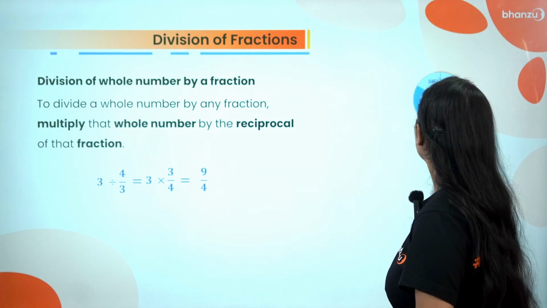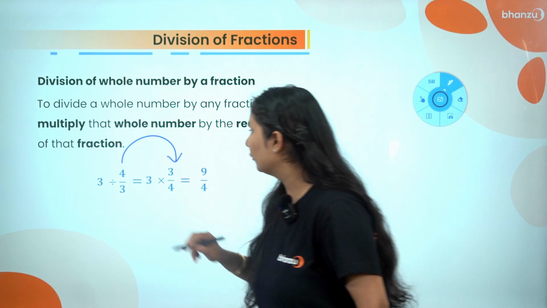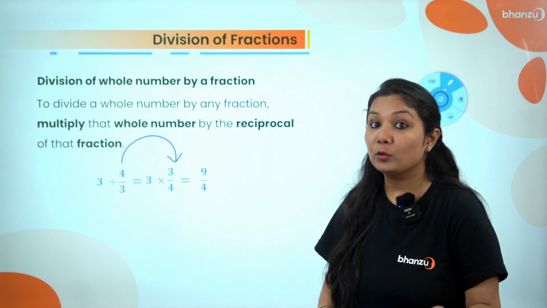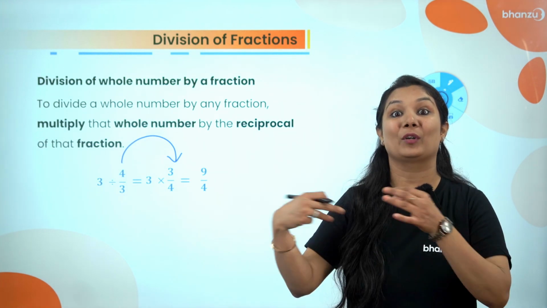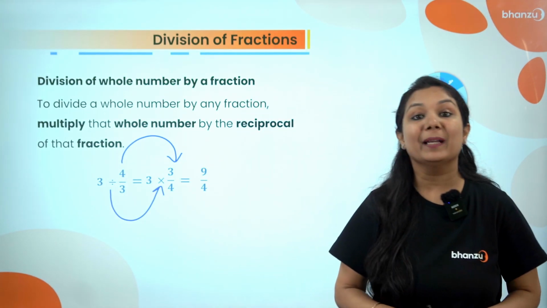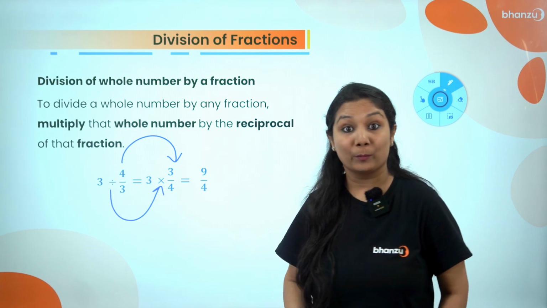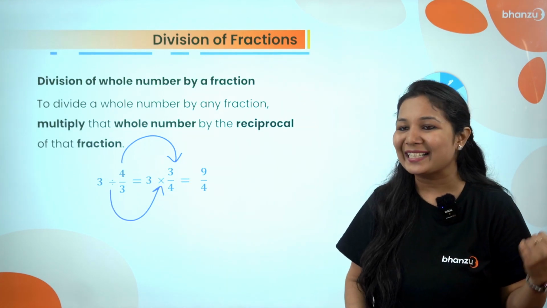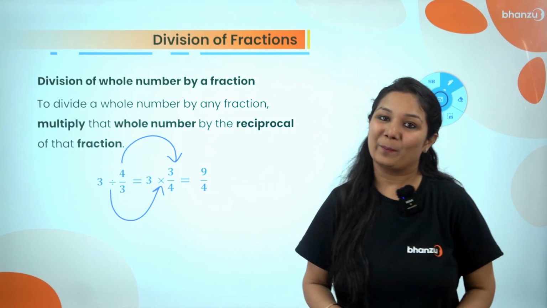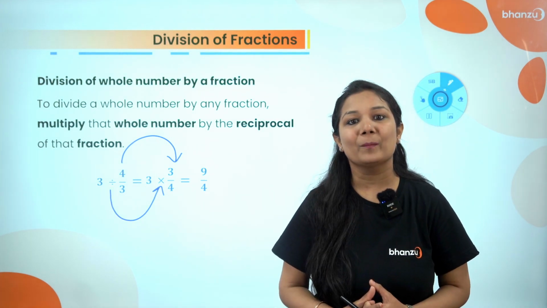Yes, it would be 3 by 4, right? Whenever we take the reciprocal of the second number, the division sign becomes multiplication. Now we multiply the whole number by the numerator, as we discussed in the previous session, upon the denominator. So it's 3 into 3, which is 9 upon 4, right?